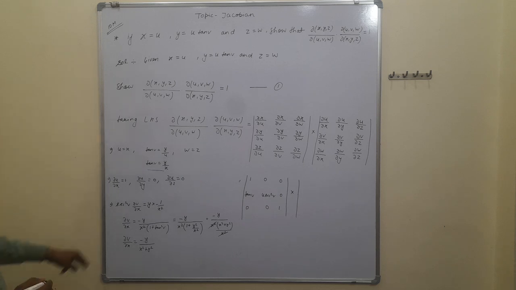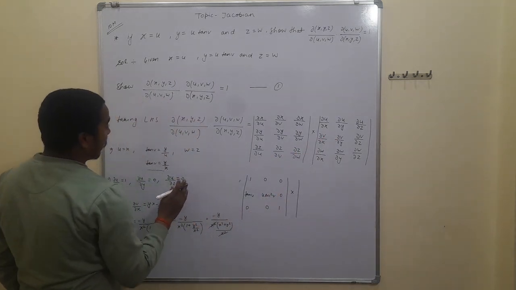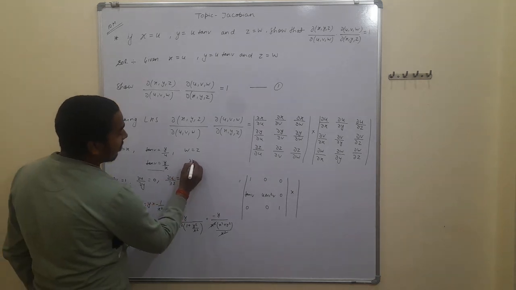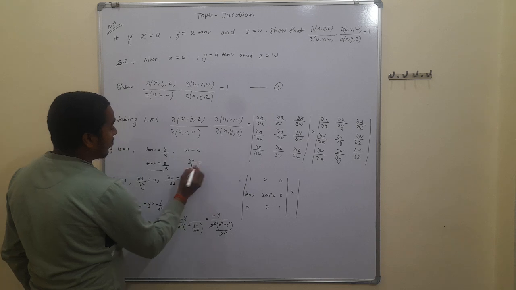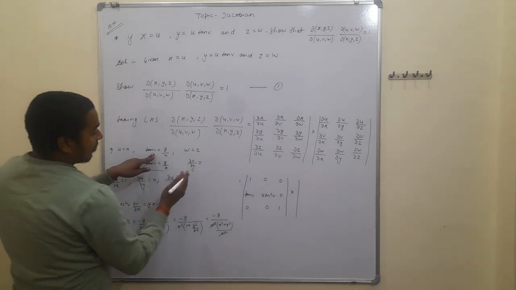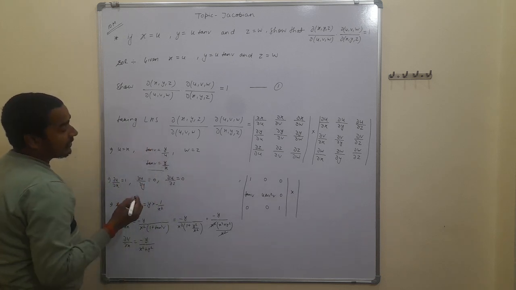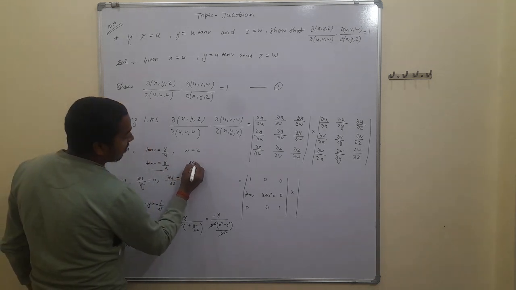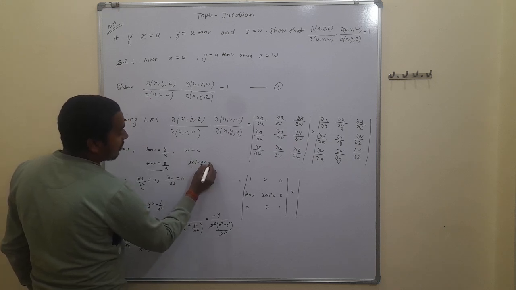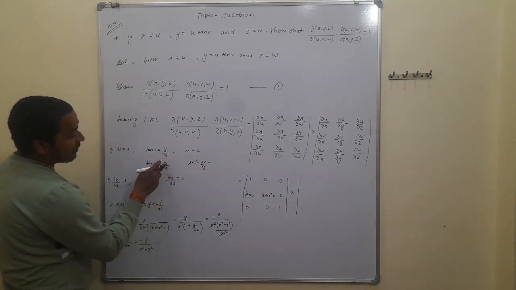Further we have to find ∂v/∂y. Once again, differentiating tan v, that is sec square v times ∂v/∂y, is equal to 1 upon x, x taken constant and differentiating y with respect to y.